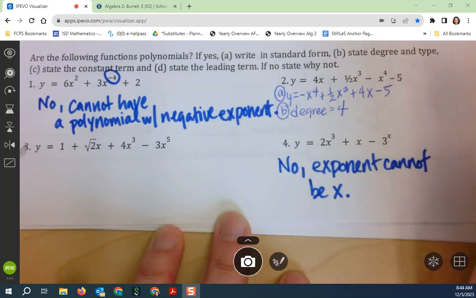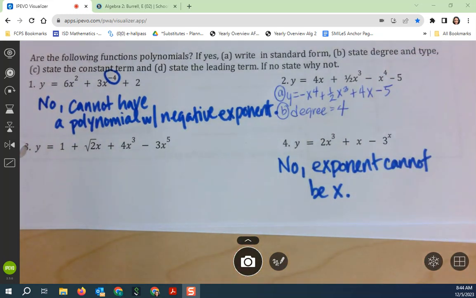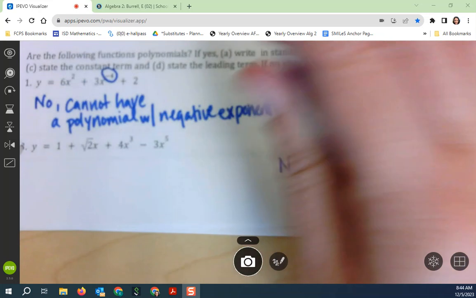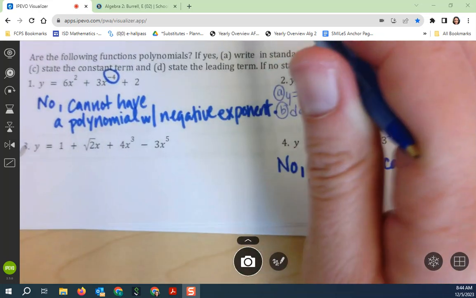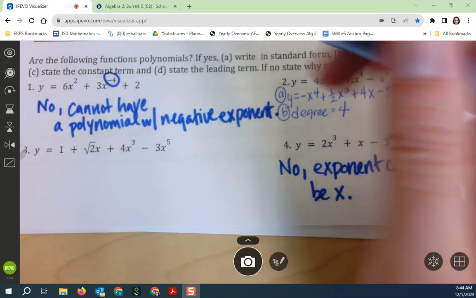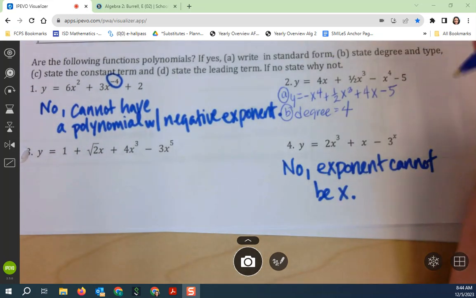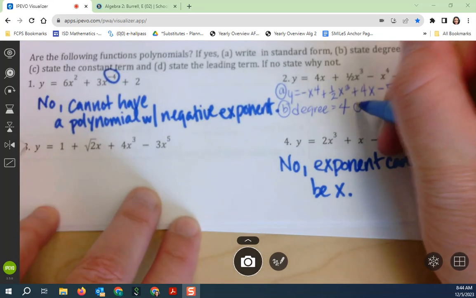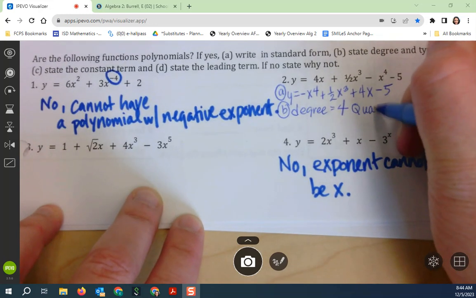And if it's 4, then what's its name? It's not quadratic, it's degrees 0, degree 1, degree 2, degree 3, degree 4 is called quartic. Quartic. Like a quart of milk, quartic.